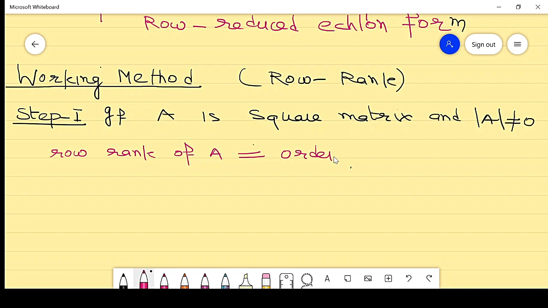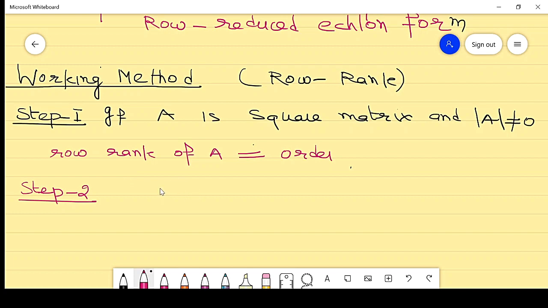So in case of a rectangular or singular matrix, we reduce A into row echelon form, then the number of non-zero rows in the reduced echelon form is called the row rank. So step number 2: if we have a square matrix, then there is no problem.